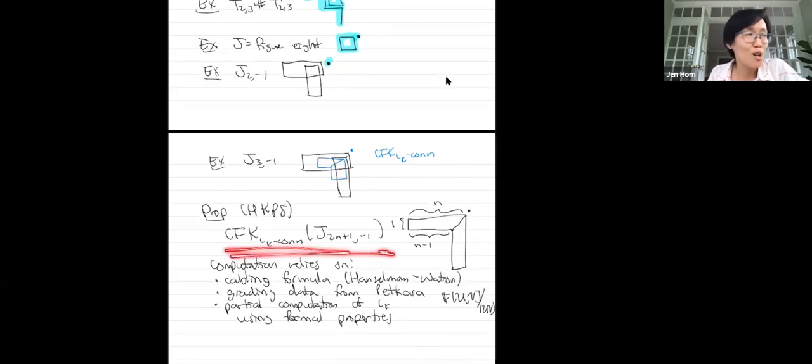So in some sense, we got lucky in that there's not a general way to compute all of iota K for cables even, let alone general satellites. But in this special case, we were able to use formal properties to cobble together enough to get the result that we wanted.